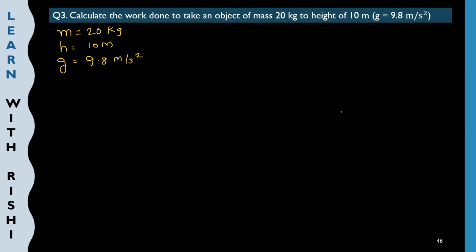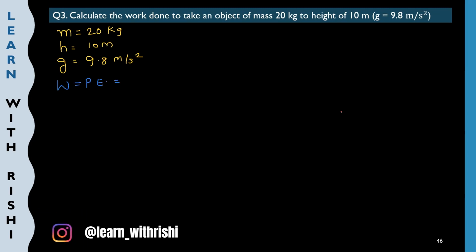We have to calculate the work done. Now we know that work done to take an object at a certain height is also mgh, and that is nothing but potential energy of the object.